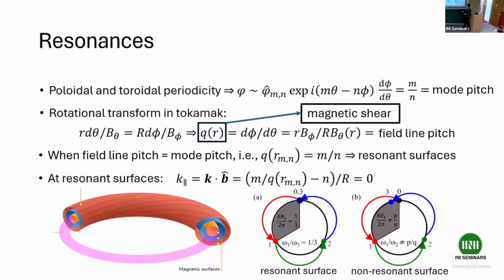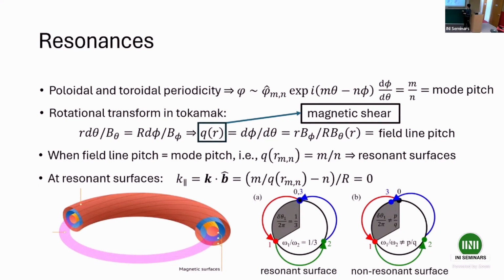But in the tokamak or in the periodic cylinder, not only the mode can wind, the magnetic field can also wind, because this is the equation for the field line.